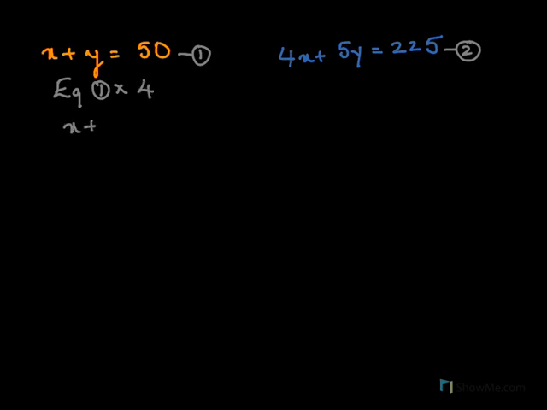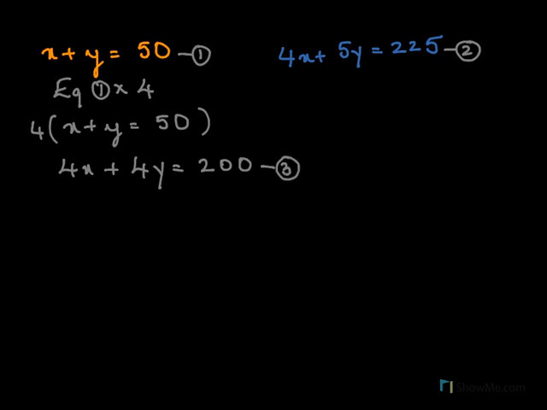So I have x plus y equal to 50, and I will multiply it by 4 to make the coefficients equal. So I have 4x plus 4y equal to 200. This is my equation 3. Now my coefficients are equal. The equations are ready for subtraction.